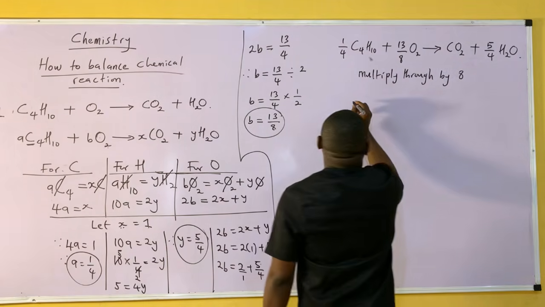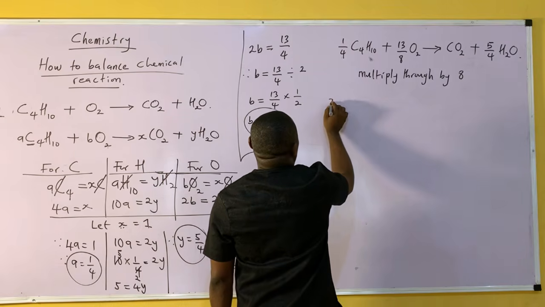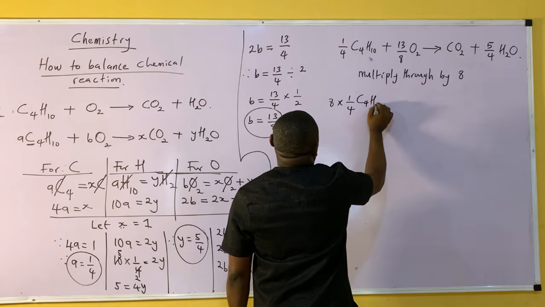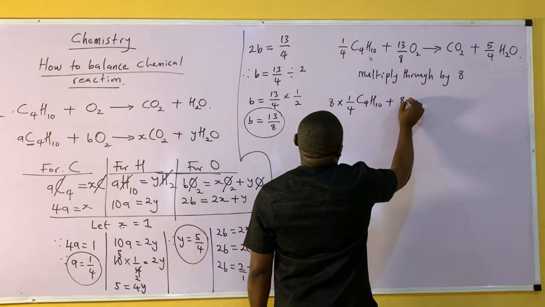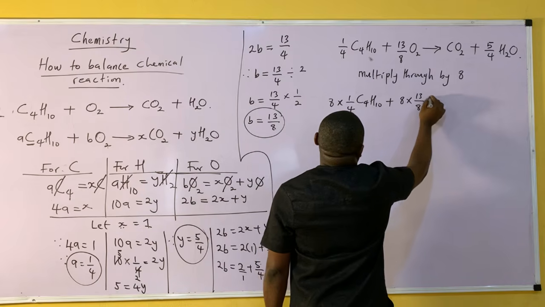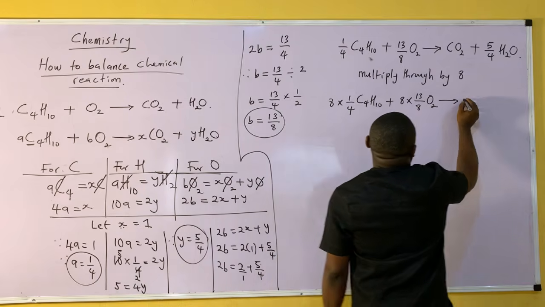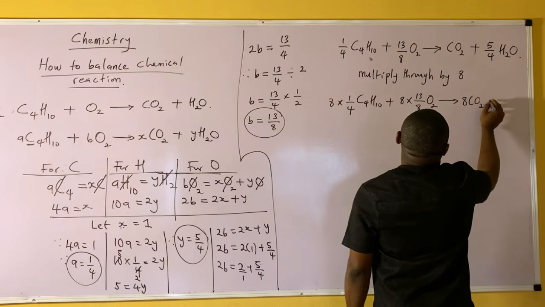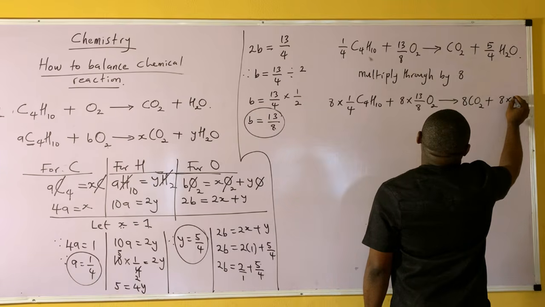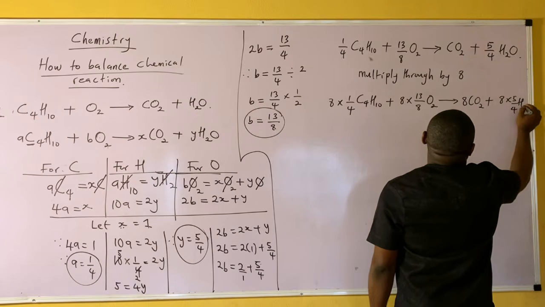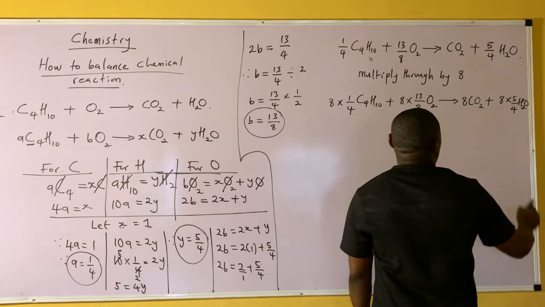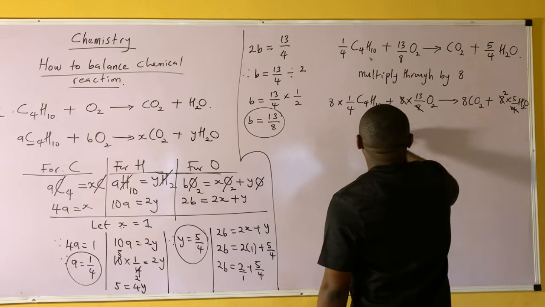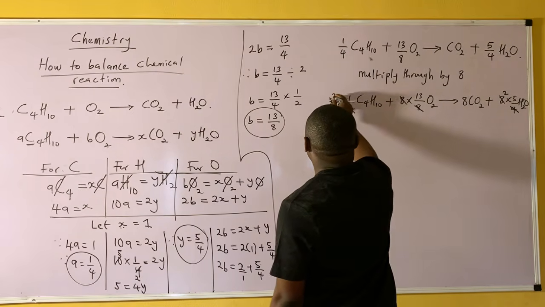So now I have 8 times 1 over 4 C4H10 plus 8 times 13 over 8 O2 to give us 8 times 1, 8 CO2 plus 8 times 5 over 4 H2O. So this cancels, this is 2, this cancels, this is 1, this cancels, this is 2.